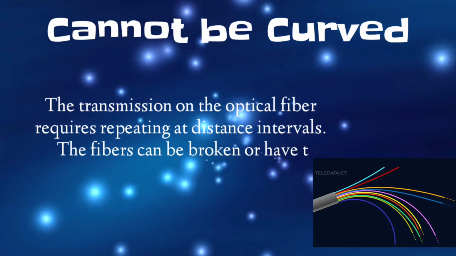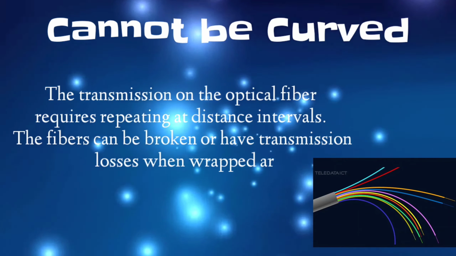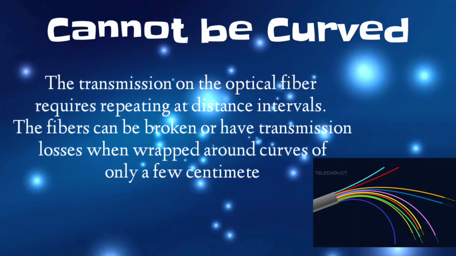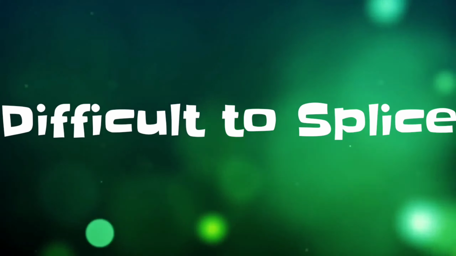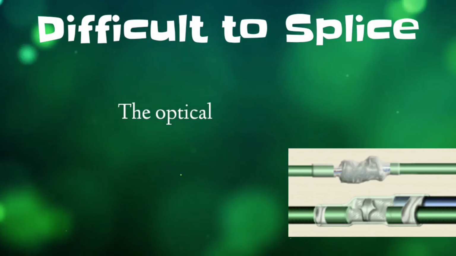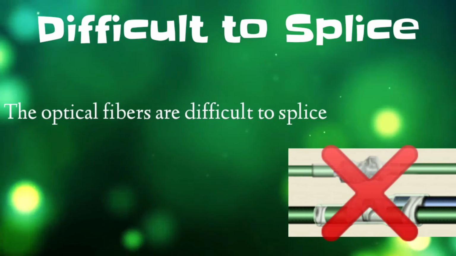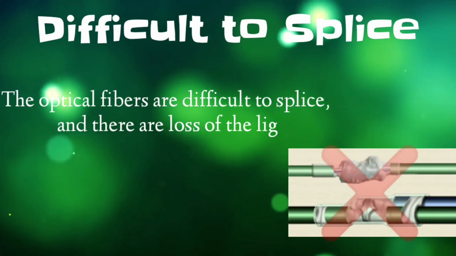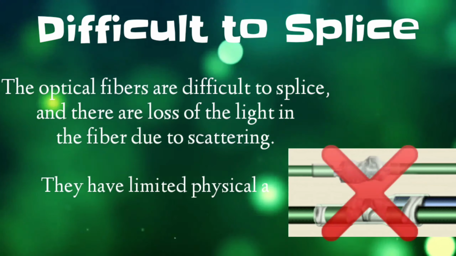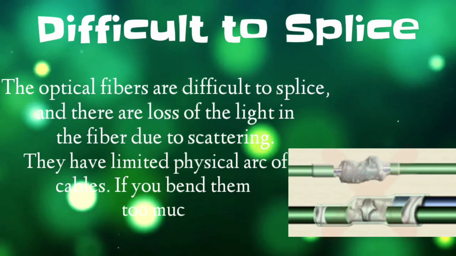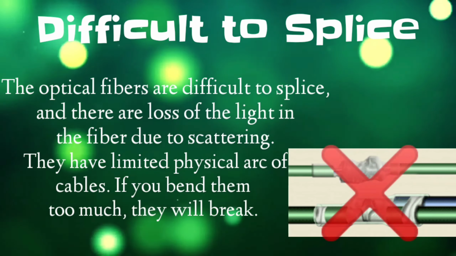The fibers can be broken or have transmission losses when wrapped around curves of only a few centimeters radius. Sixth, difficult to splice. Optical fibers are difficult to splice, and there is loss of light in the fiber due to scattering. They have a limited physical arc of cables. If you bend them too much, they will break.